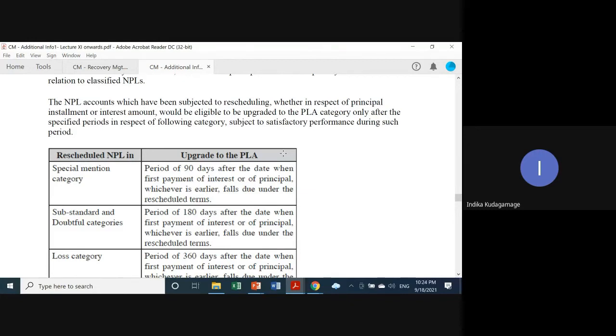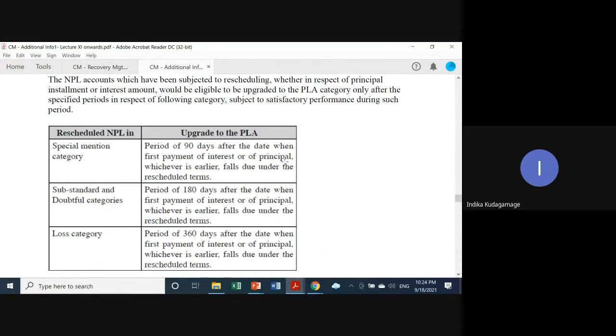If the customer pays 5 months perfectly and in the 6th month gets 1 day delay, then you can't classify. You have to start counting another 6 months from the date of arrears, right? So if you want to classify a customer from non-performing to performing, you have to watch the customer and get the repayments as per this schedule.